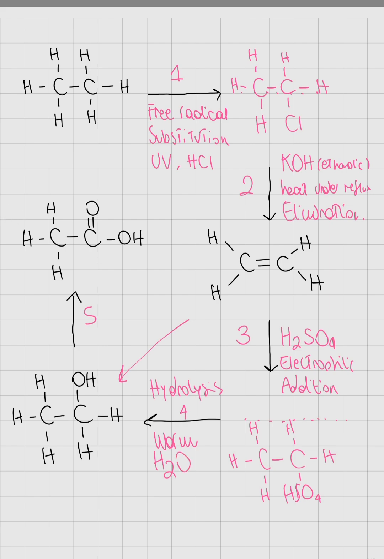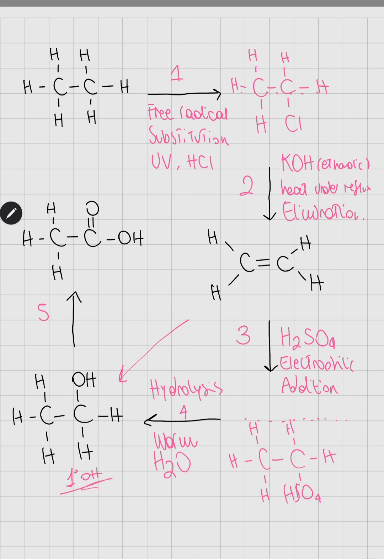Now, how do we go from an alcohol to a carboxylic acid? This is oxidation of alcohols, because I see that there are many oxygens added. So we know that that is oxidation. We know that it depends on the type of alcohol, so we need to always remember the classification. As we see, the OH is bonded to one carbon that has only one other carbon, so it's going to be a primary alcohol.